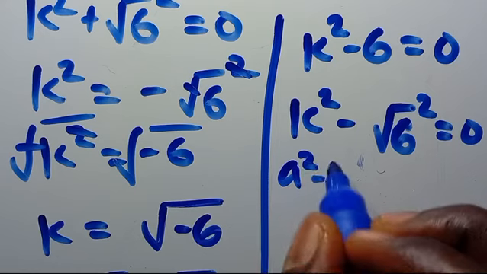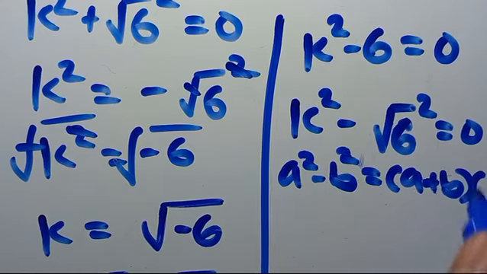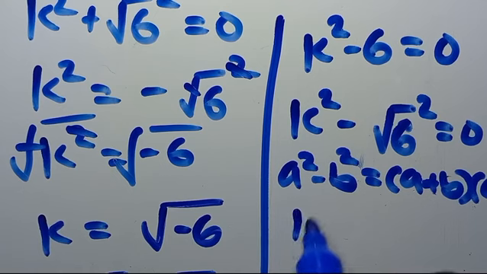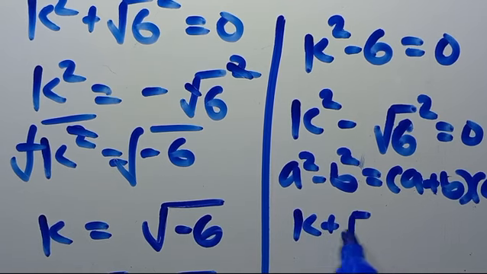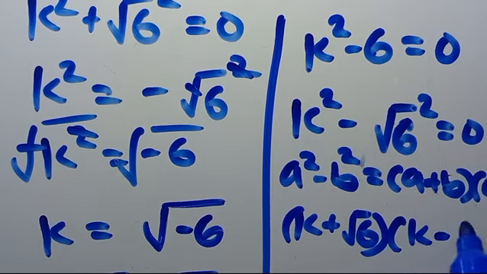Then a square minus b square equals a plus b times a minus b. This will be k plus root 6 times k minus root 6 equals 0.